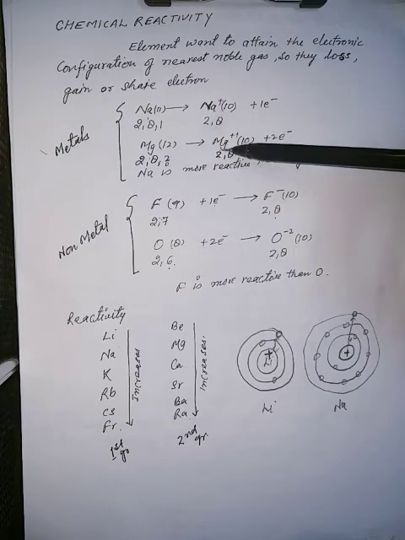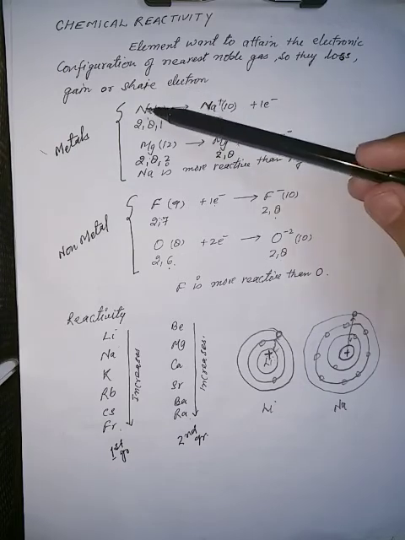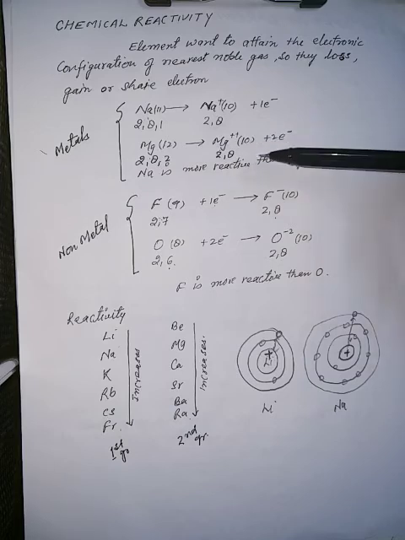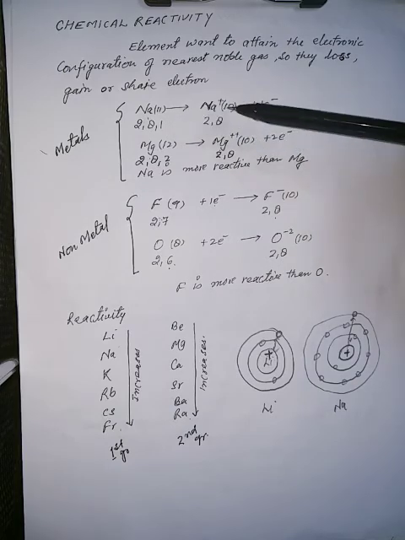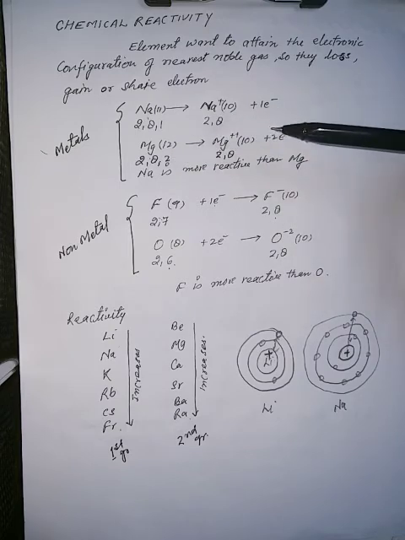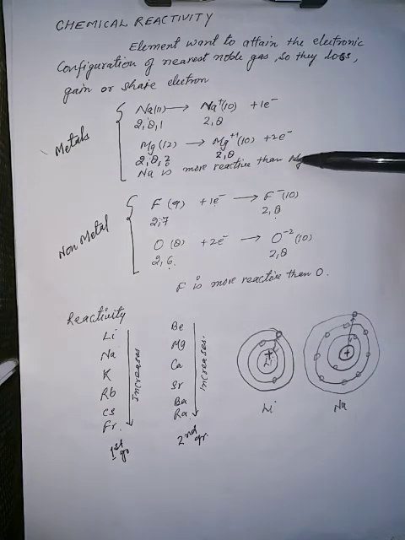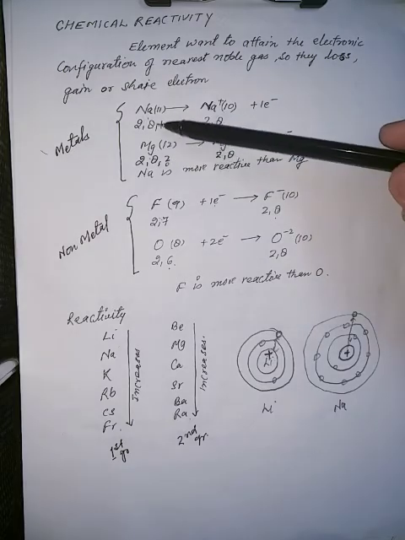That is what noble gas? That is neon. So if we compare sodium and magnesium, sodium is more reactive than magnesium because sodium attains the electronic configuration after loss of 1 electron, while magnesium attains the configuration of the nearest noble gas after loss of 2 electrons, and they are next to each other.